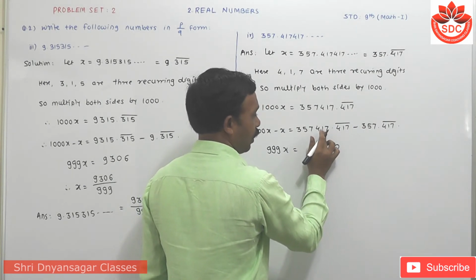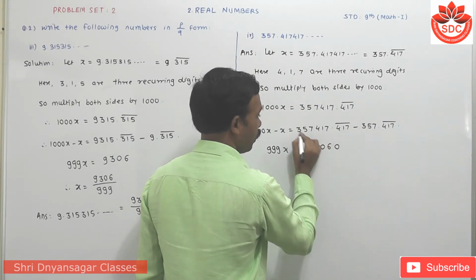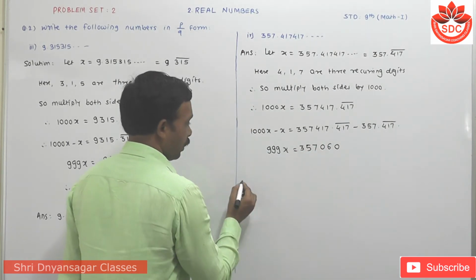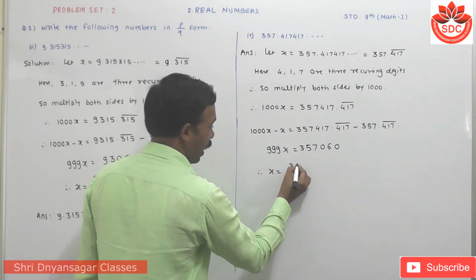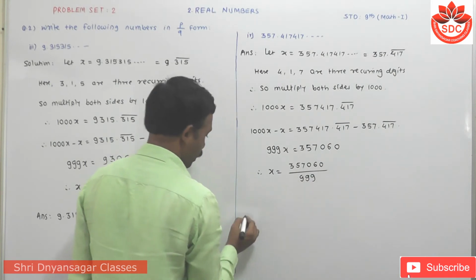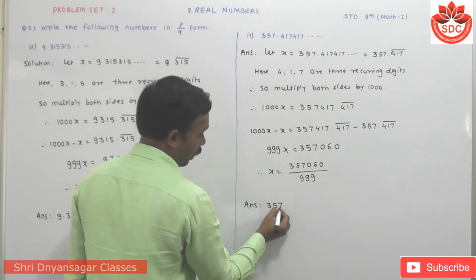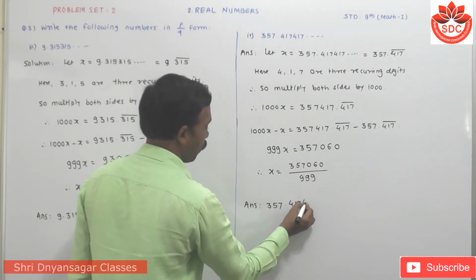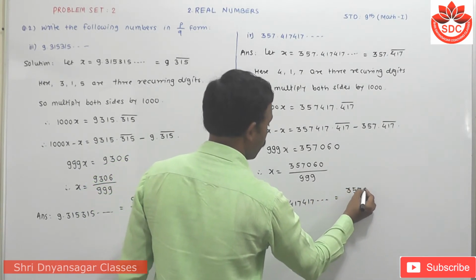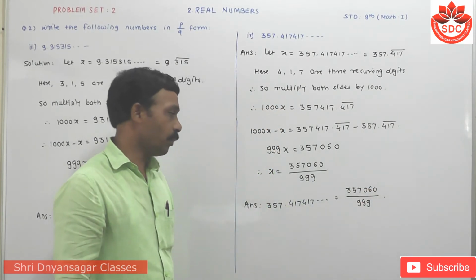Here is 11. 11 minus 5 becomes 6. Here is 3. 3 minus 3 becomes 0. And this 7, 5 and 3. So the answer is x is equals to 3,57,060 upon 999. So the answer in a full sentence: 357.417417 recurring is equals to 3,57,060 upon 999, which is in the form of p upon q.